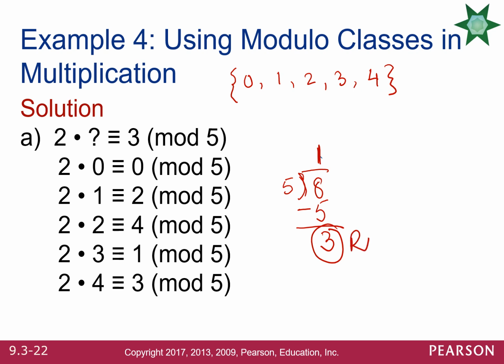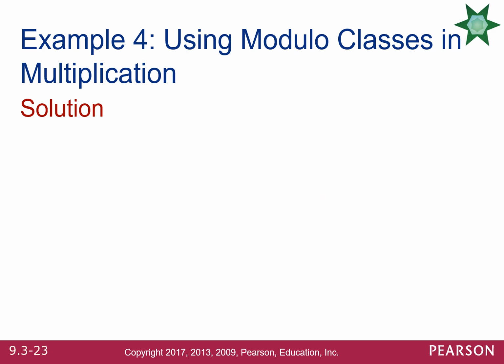So the solution would be to replace the question mark with a 4. Okay, so that's how we will work through these problems of using modulo classes in multiplication. Let's go on to the next example now, which is 3 times question mark is congruent to 0 mod 6.